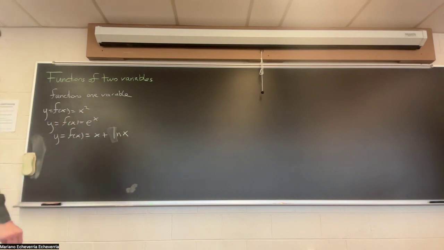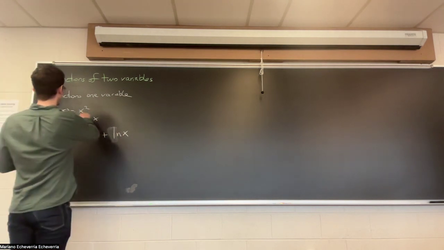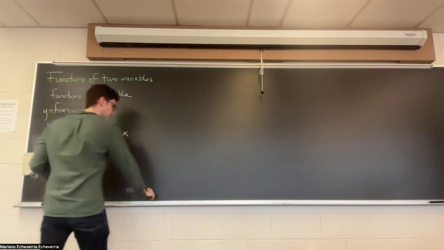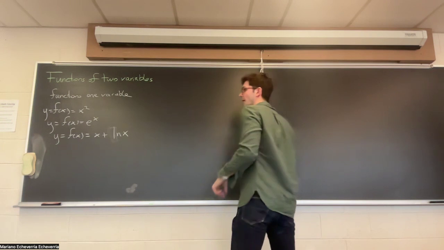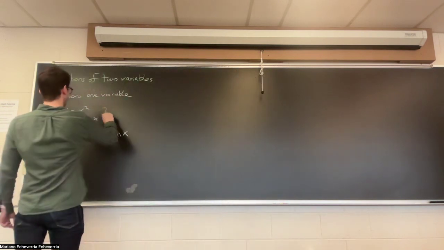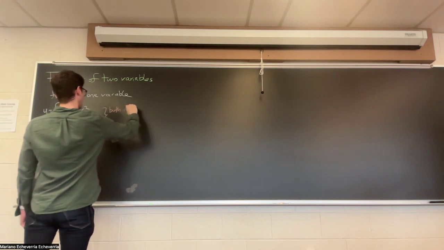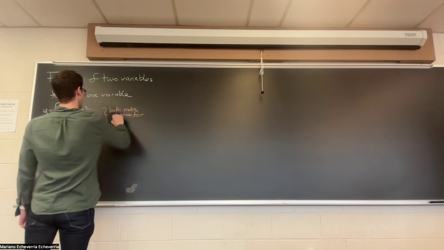The important thing about any of these, for example, y equals x squared and y equals e to the x, is that they're both defined for any value of x. So both make sense for any value of x.